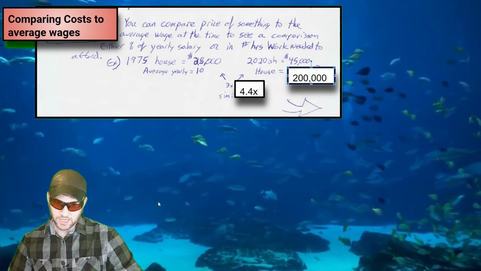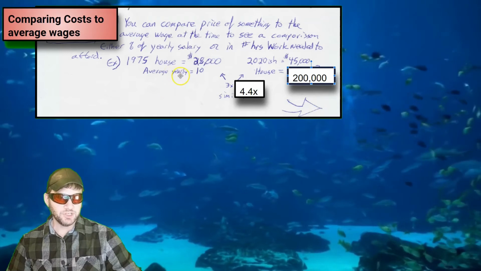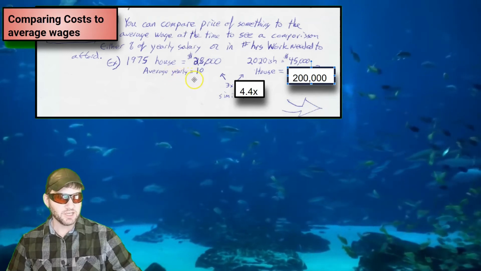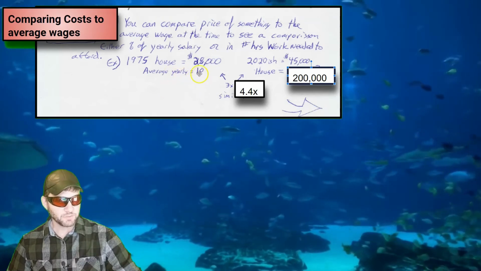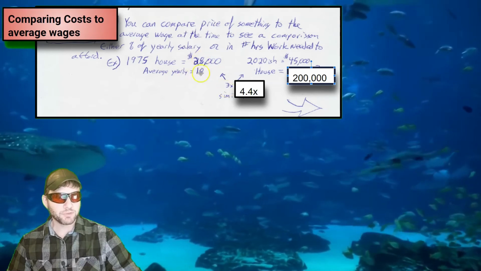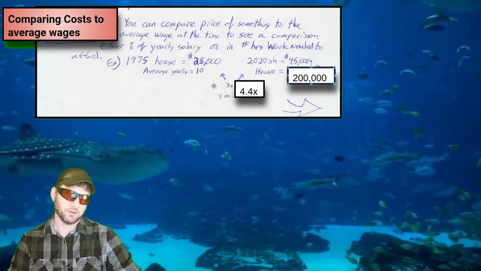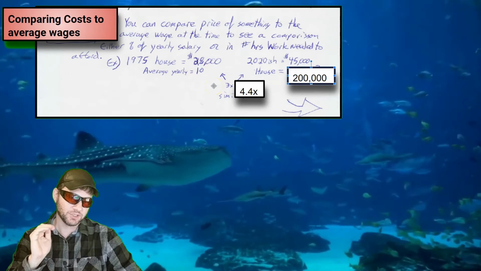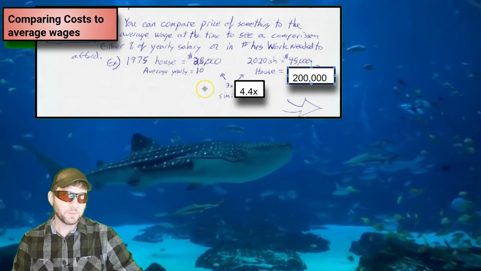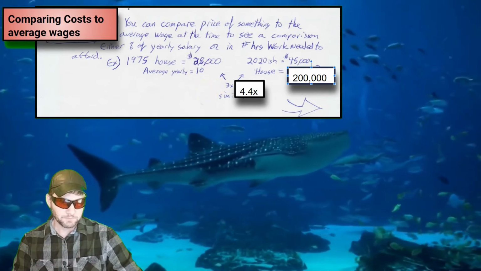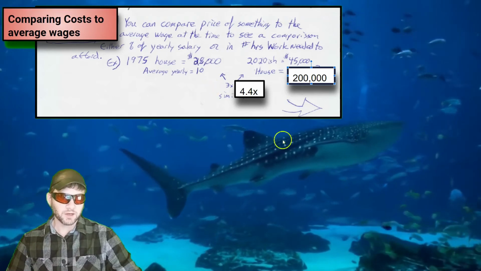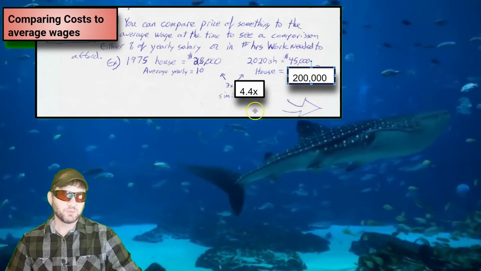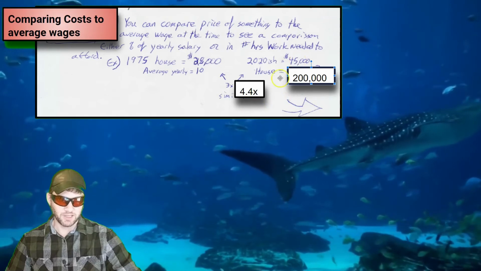Well, there's another way of looking at it. The average yearly salary in 1975 was $10,000. So that house was about 3 times a yearly salary, 2.8 times someone's average yearly salary. Now, that would mean that we could compare the multiplication of today's average salary to the house value.